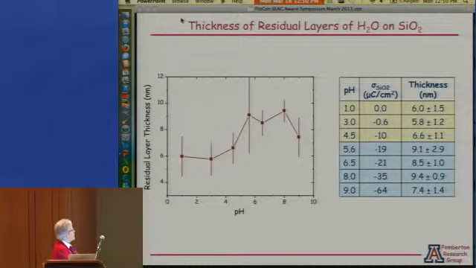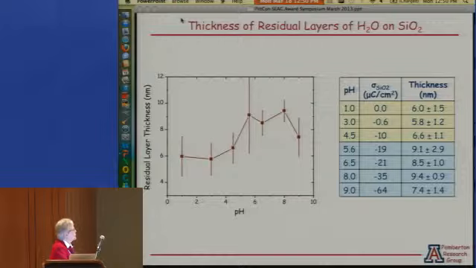And as you begin to deprotonate the silanols on the surface as you increase pH, you reach some point where the surface charge becomes large enough such that the electrostatic contribution to the formation of the residual layer becomes much more pronounced.